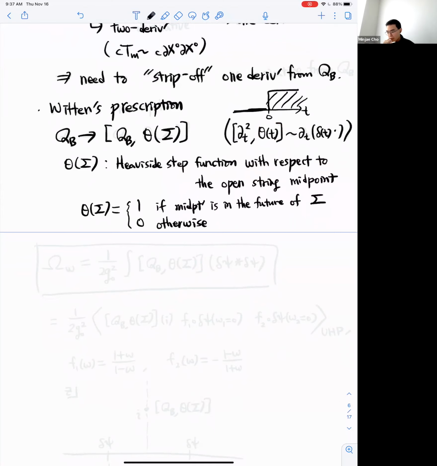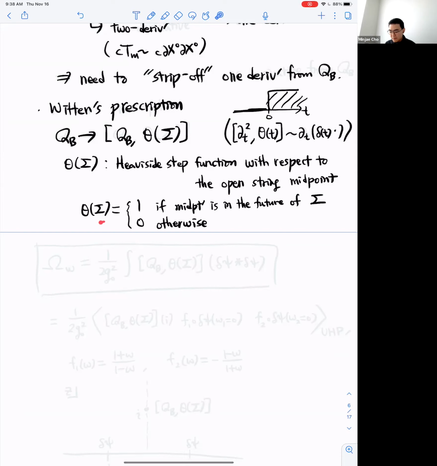In the case of open string field theory, this Heaviside step function is something that we define with respect to the open string midpoint. It is kind of expected because we all know that if we have to choose one specific point in string field theory, it better be the open string midpoint. We know that it's the special point.